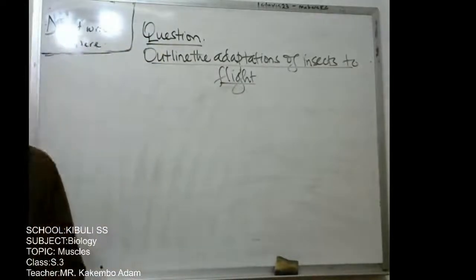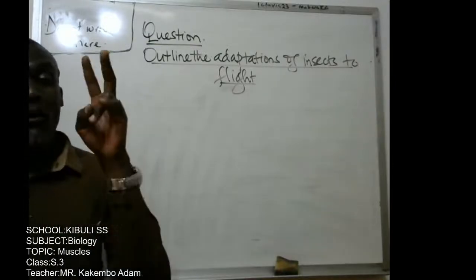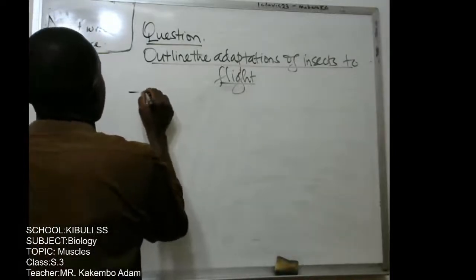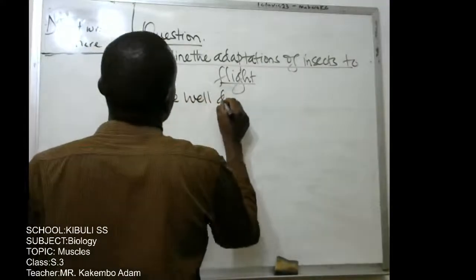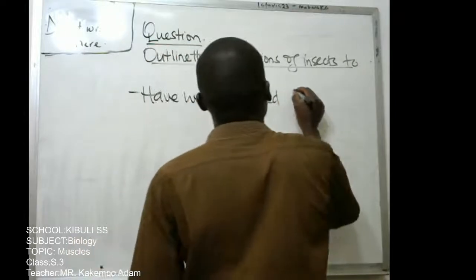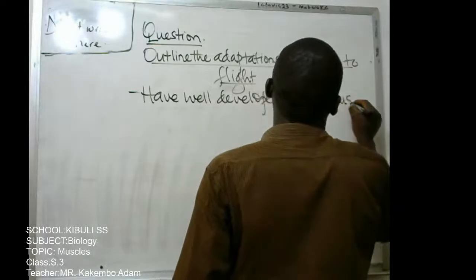Now we have been talking about muscles. So one of the unique and important characteristic features for flight in insects is the well-developed muscles. You can say one, they have well-developed flight muscles.